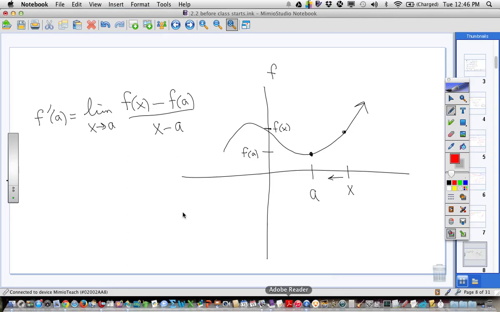All right. I'll give you a second to jot down this picture if you want to. What we're looking at here is an alternate version of the definition we learned yesterday.